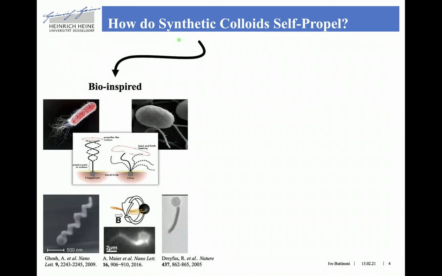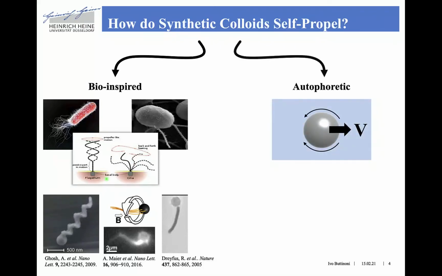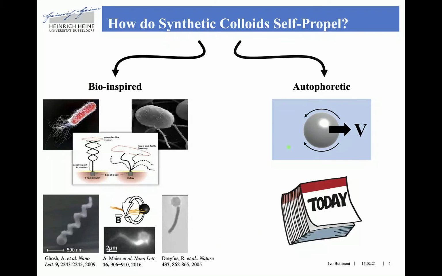Either use particles that mimic what biological microorganisms do, and therefore resemble the motion of flagella and cilia, which are the legs of bacteria, so to speak. Or the second strategy is to take advantage of phoretic phenomena that are implemented in an autonomous fashion. And this is what I want to talk about today.